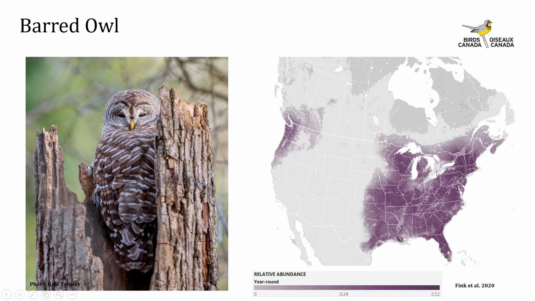They do prefer old growth forests, and southwestern Ontario does lack a lot of that type of habitat, as well as forest cover in general, especially as you go towards the far southwestern Ontario, towards Chatham, Kent, and the Essex regions. I've heard barred owls even just from my own property, because I have large adjacent woodlots beside my property. So yes, they are here, just not in great numbers, as you can see by this map here.